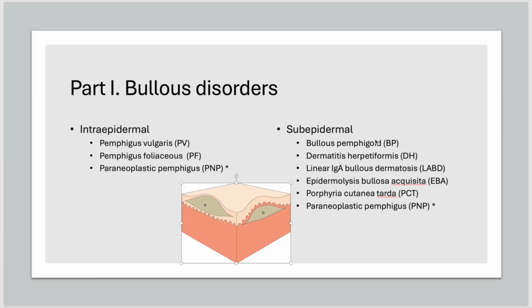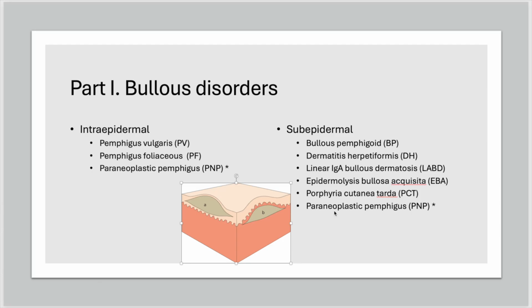This includes conditions such as bullous pemphigoid, dermatitis herpetiformis, linear IgA bullous dermatosis, epidermolysis bullosa acquisita, porphyria cutanea tarda, and paraneoplastic pemphigus. You probably have noticed that the paraneoplastic pemphigus is listed in both categories.